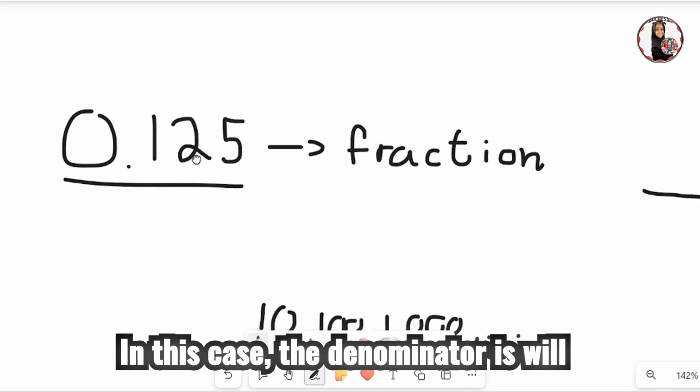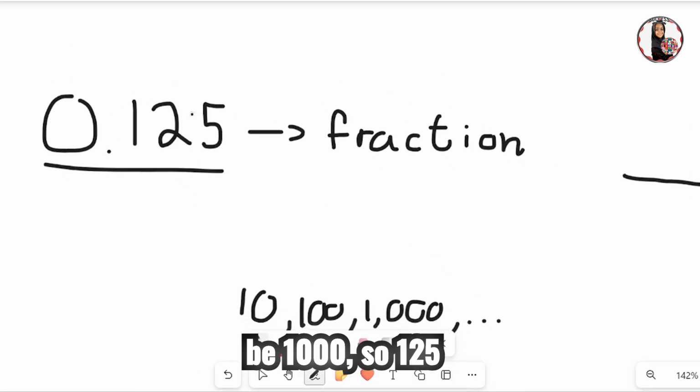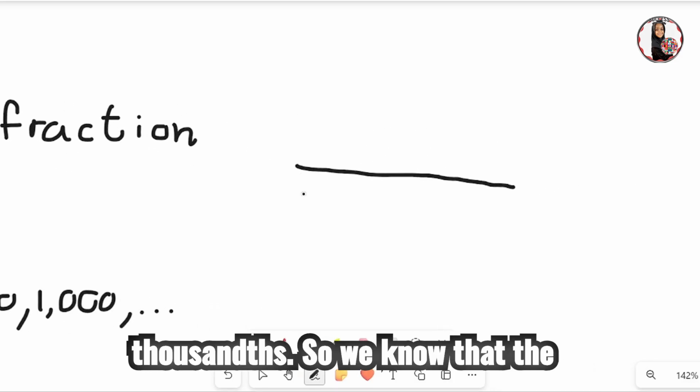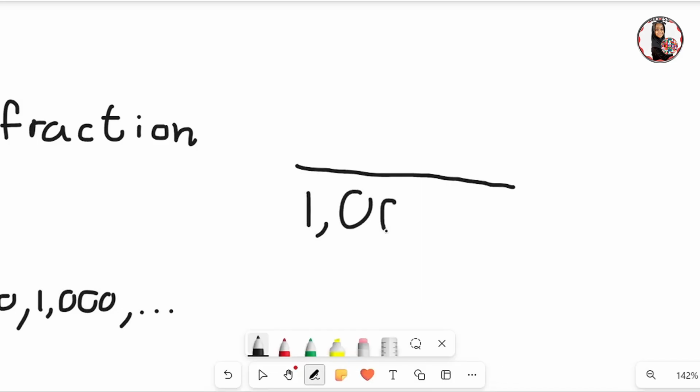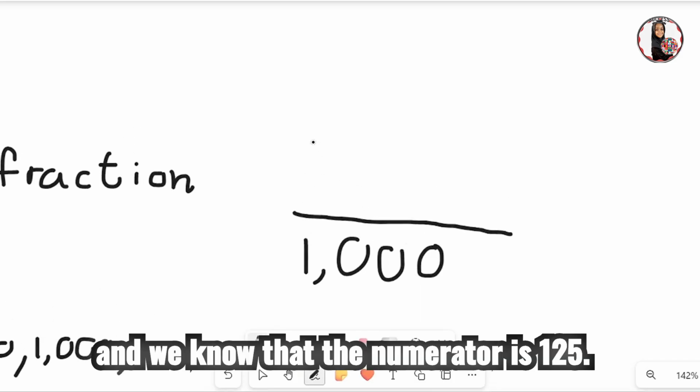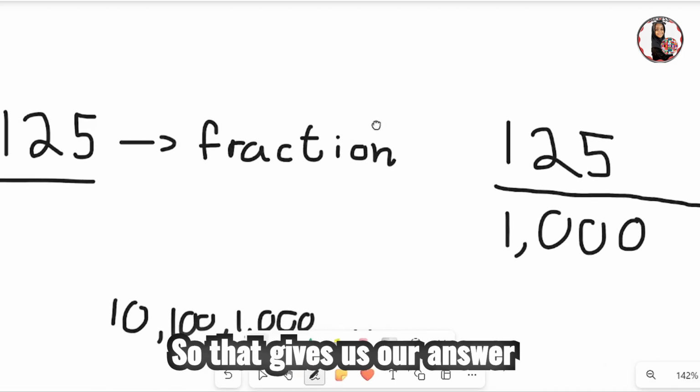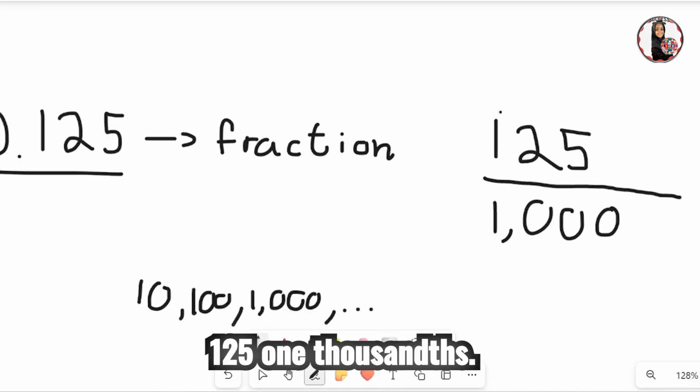In this case, the denominator will be 1,000, so 125 thousandths. We know that the numerator is 125. So that gives us our answer, 125 over 1,000.